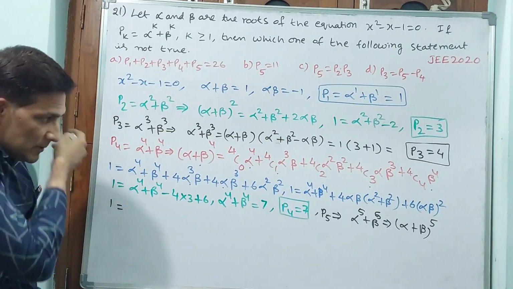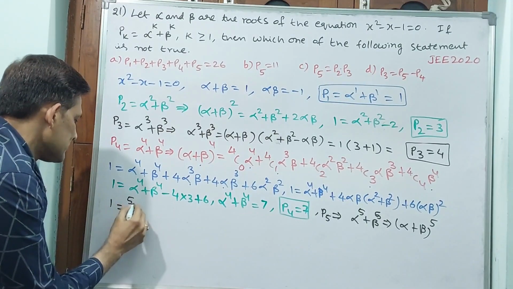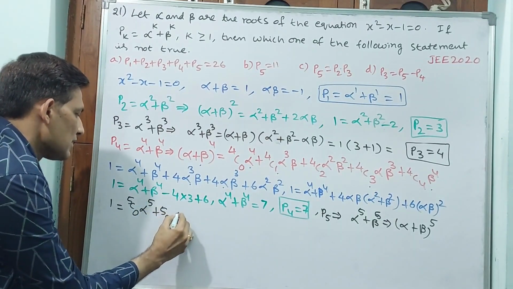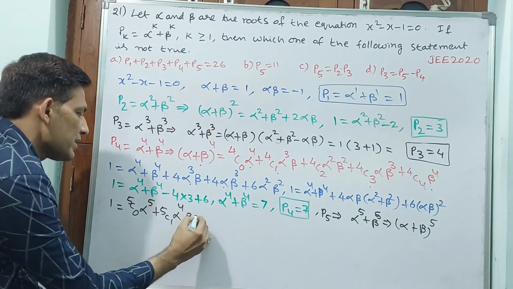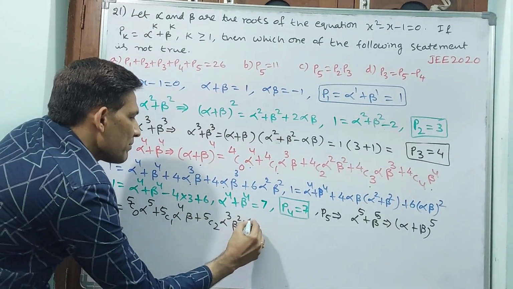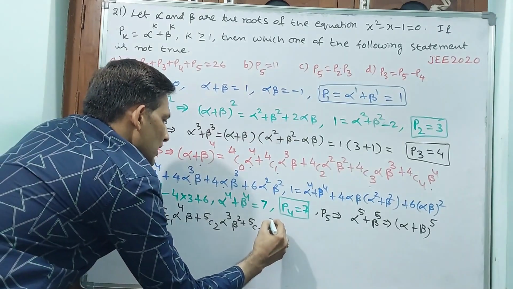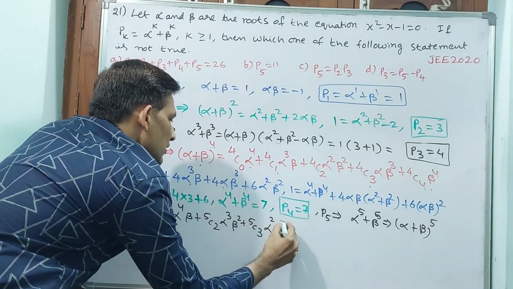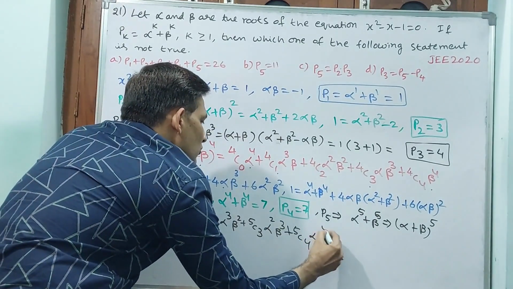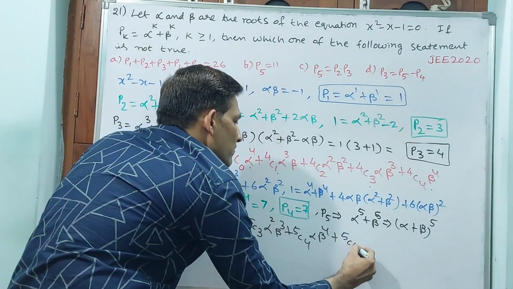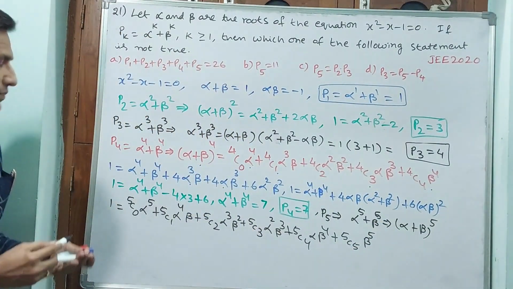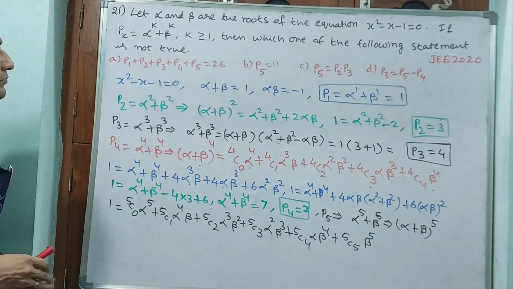So 1 is equal to 5C0 alpha to the power of 5 plus 5C1 alpha to the power of 4 beta plus 5C2 alpha cube beta square plus 5C3 alpha square beta cube plus 5C4 alpha beta to the power of 4 plus 5C5 beta to the power of 5. Okay?